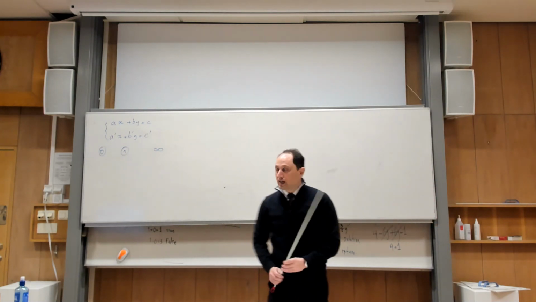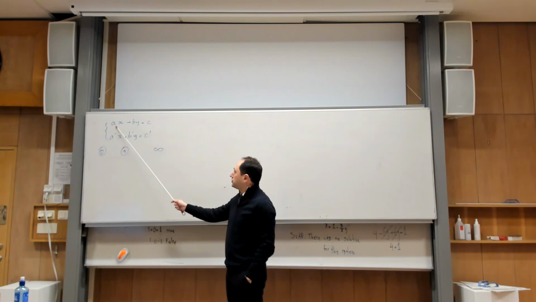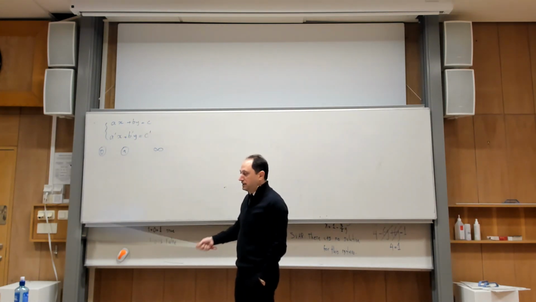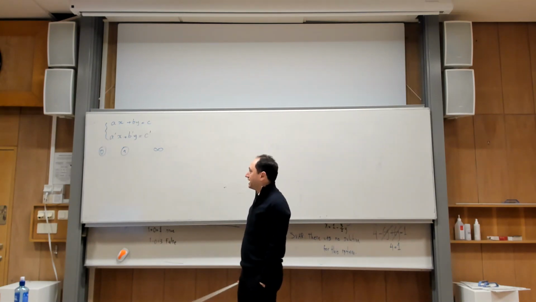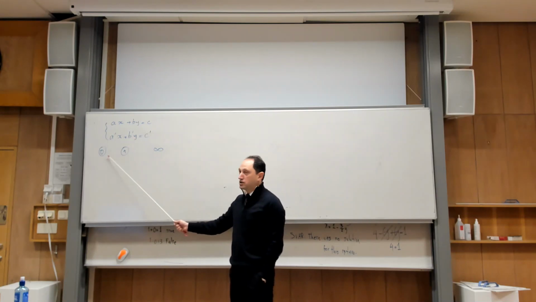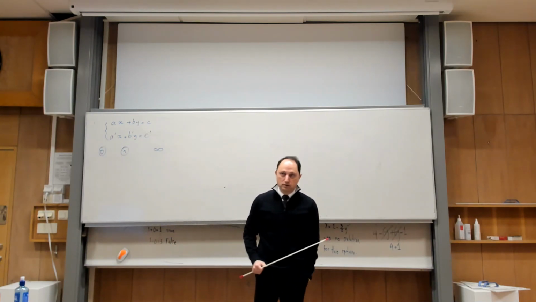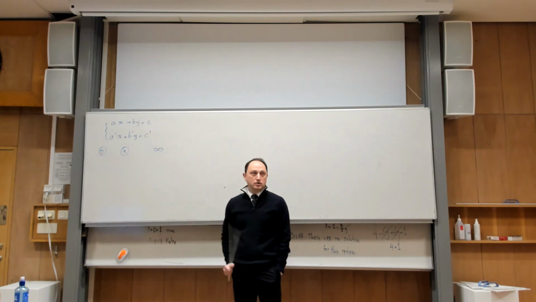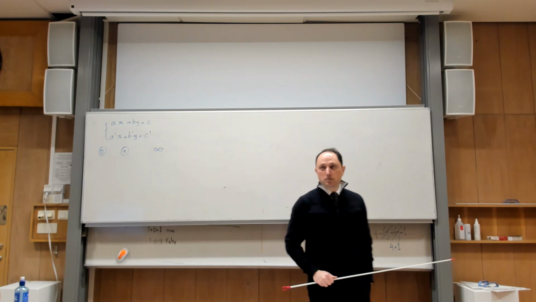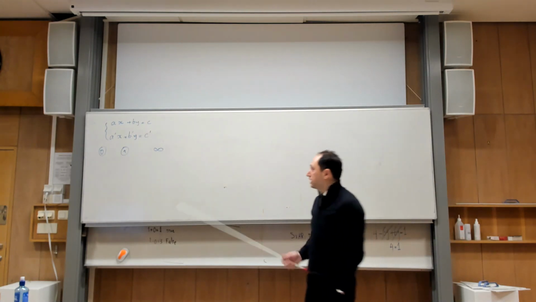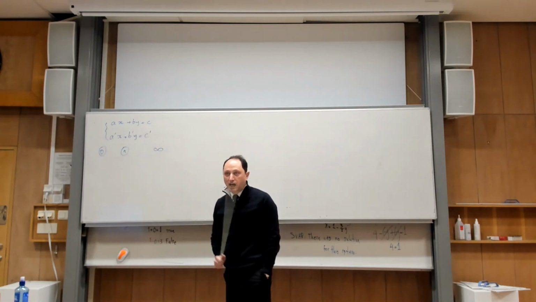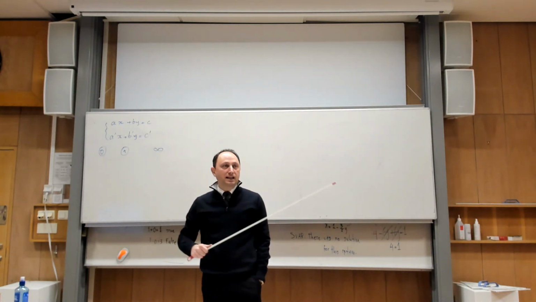So if you just randomly choose a, b, c, a prime, b prime, c prime, you introduce infinitely many equations. But the point is that there are three scenarios going on. Either your system does not have any solutions at all, or it has exactly one solution, or suddenly it has infinitely many solutions. You cannot write a system of exactly this form with exactly 2 solutions, or exactly 3 solutions.